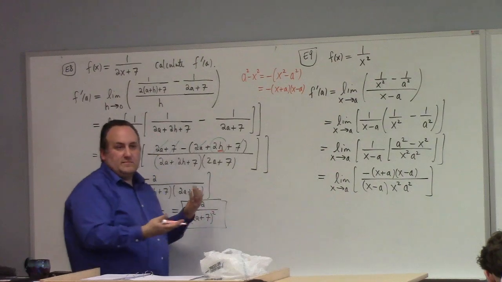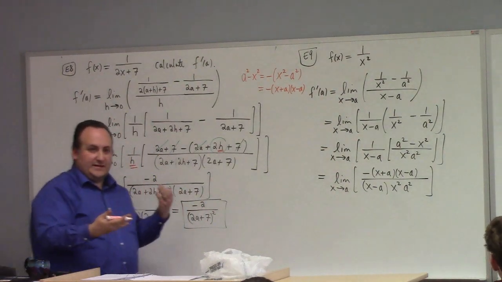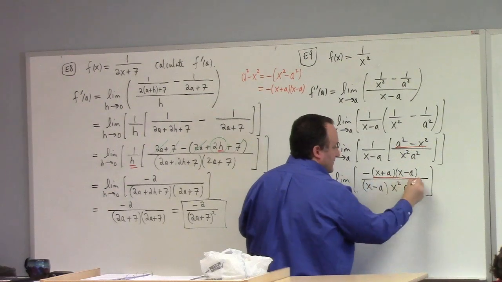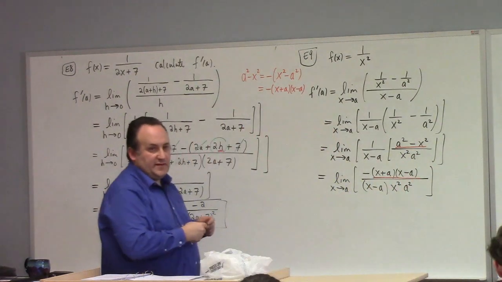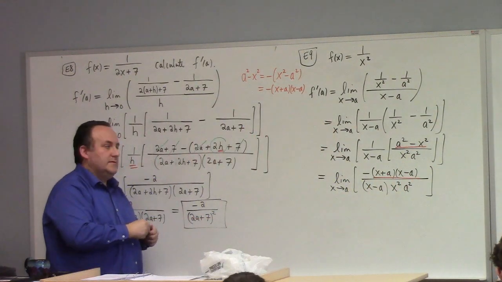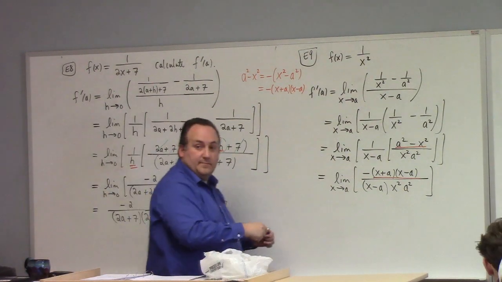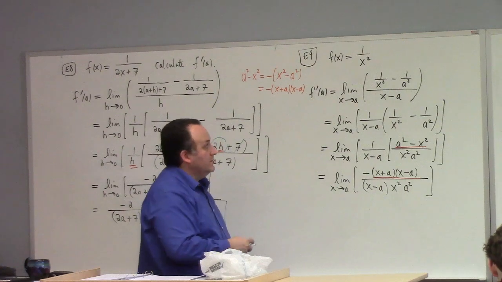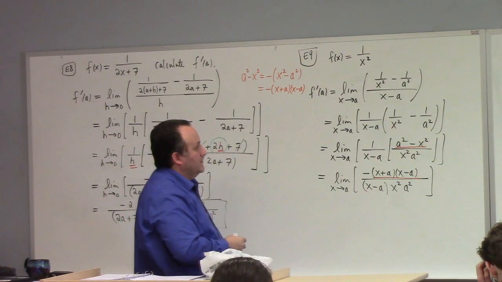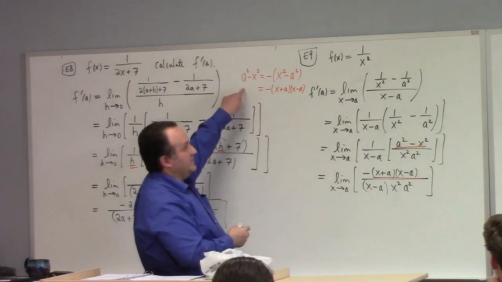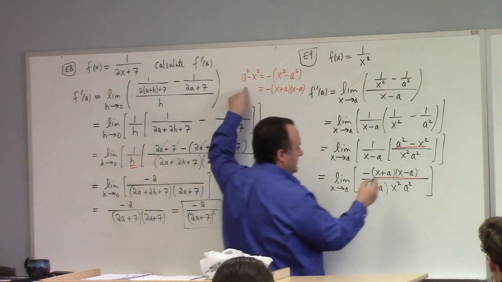So I used that idea to factor this to that, just to make things easier to see. And of course what happens is you've got, yep. Where does the minus sign in front of x plus a come from? Right here. So I was just explaining.